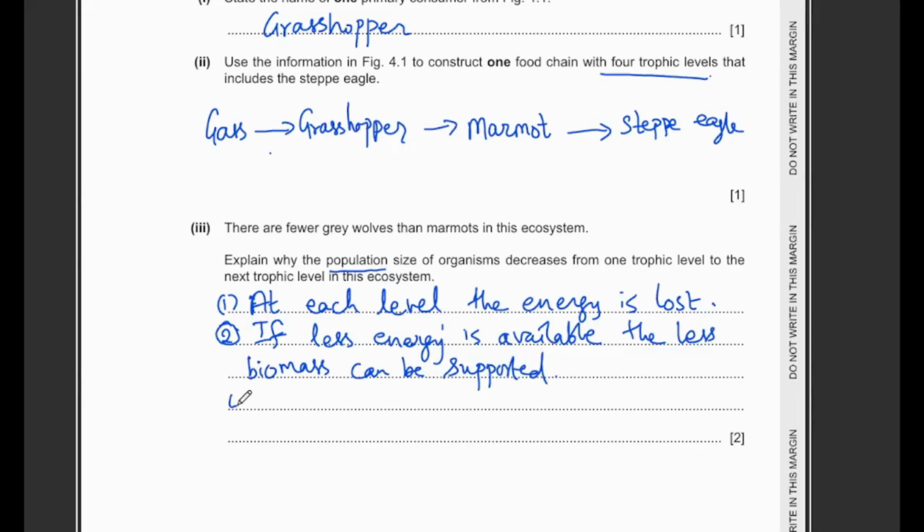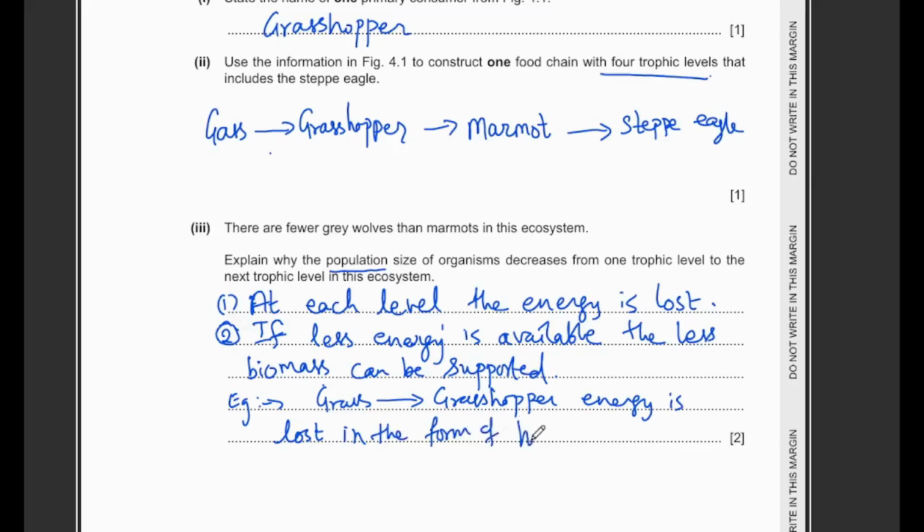Now in the example here, energy loss is basically from grass to grasshopper. Energy is lost in the form of heat, or any other thing, metabolic activity. So this is what we have.